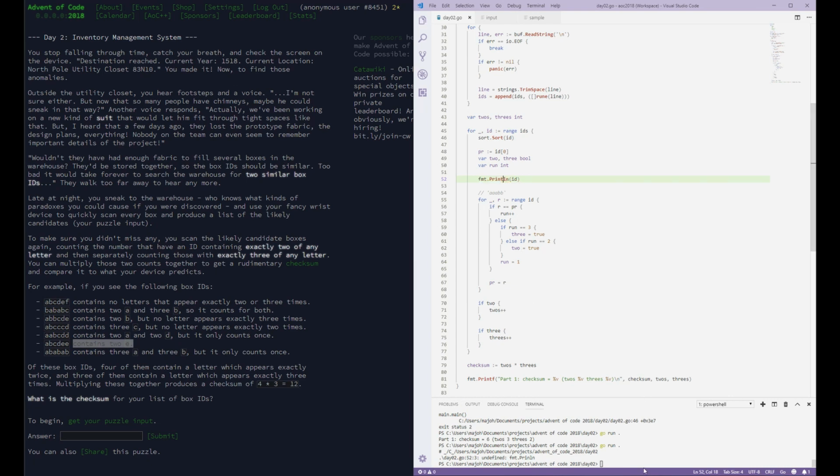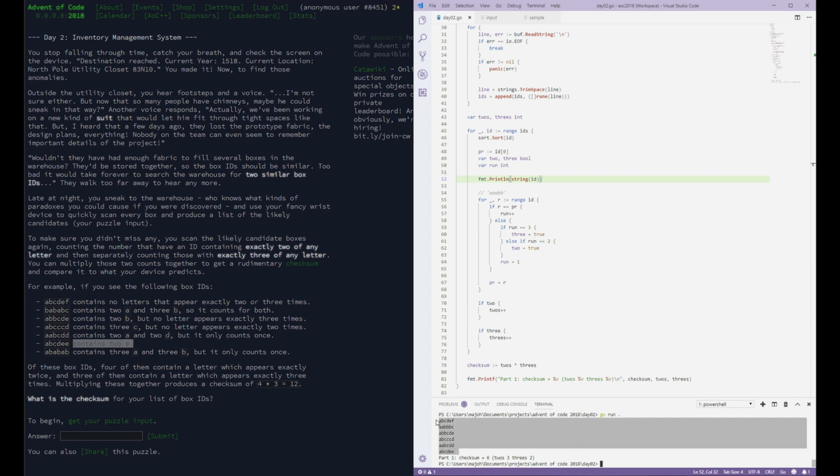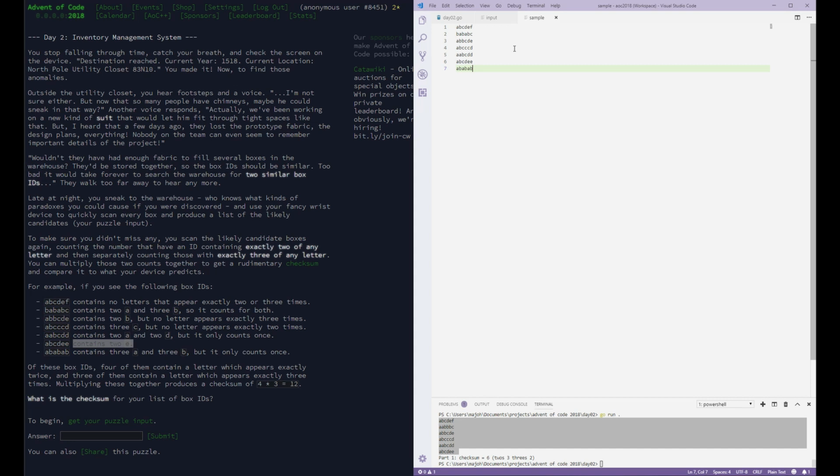Print. Let's convert that to a string. Not sure it could be that, but A, B, C, D, E. So I have 1, 2, 3, 4, 5, 6. Okay, I'm missing one of those.